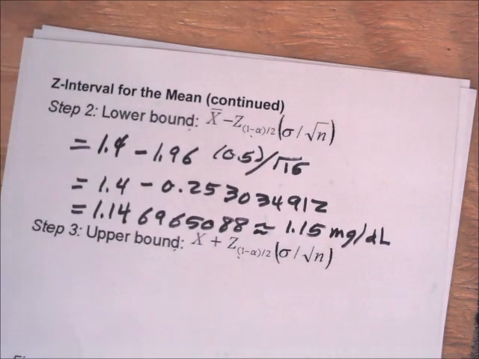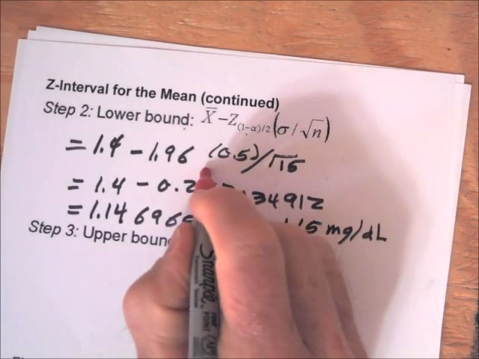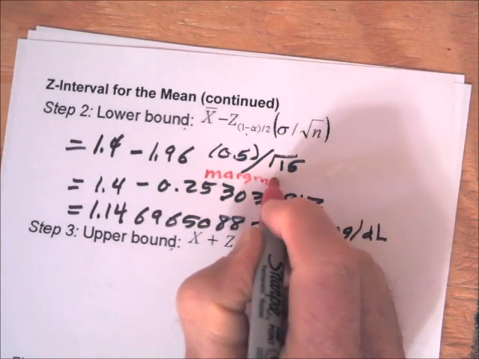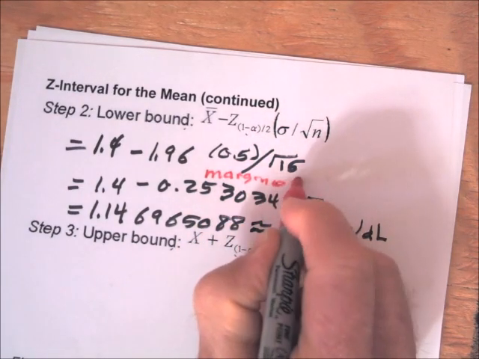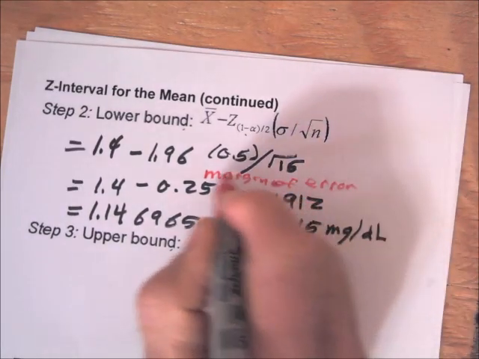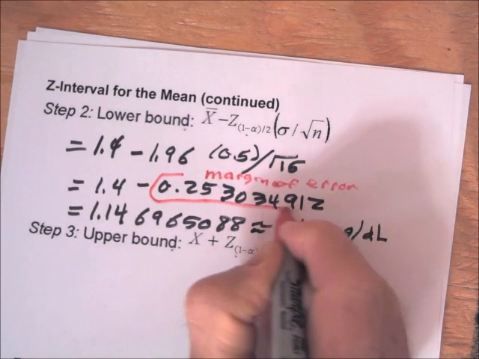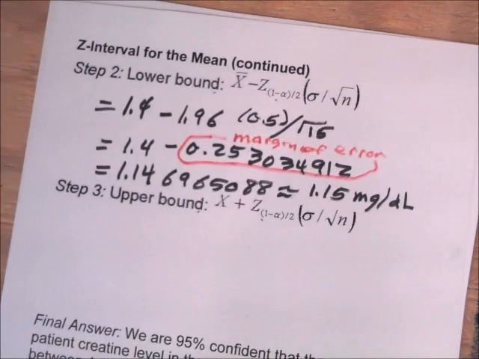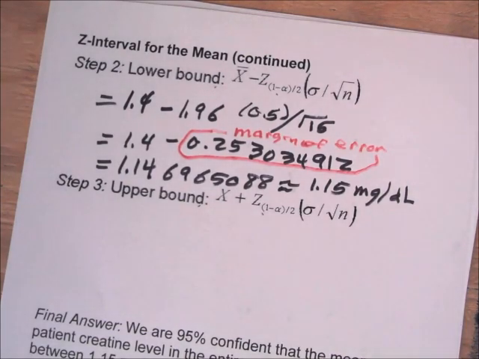Okay. This number that we're subtracting, I computed that separately because this is the margin of error. Sometimes it's called the error bound. This piece here, the margin of error or the error bound, that's sometimes reported separately.